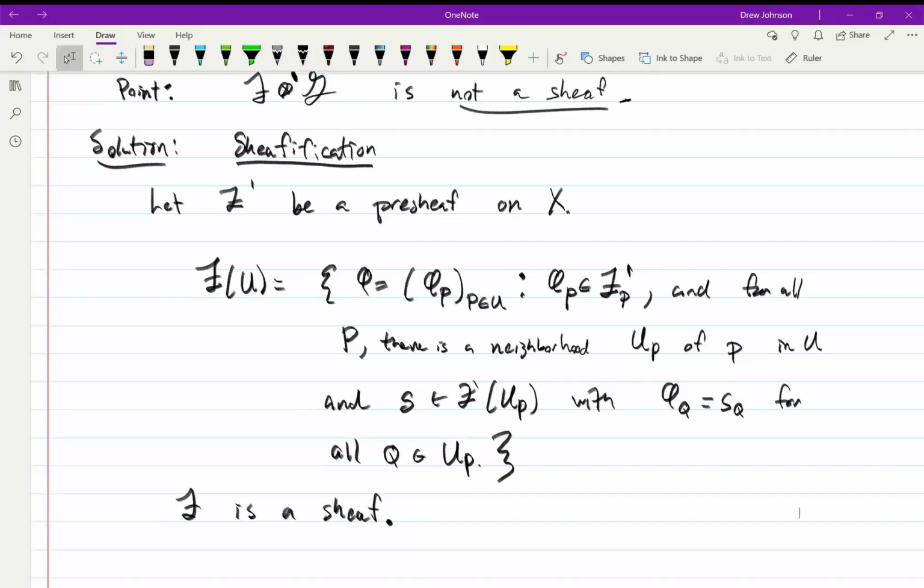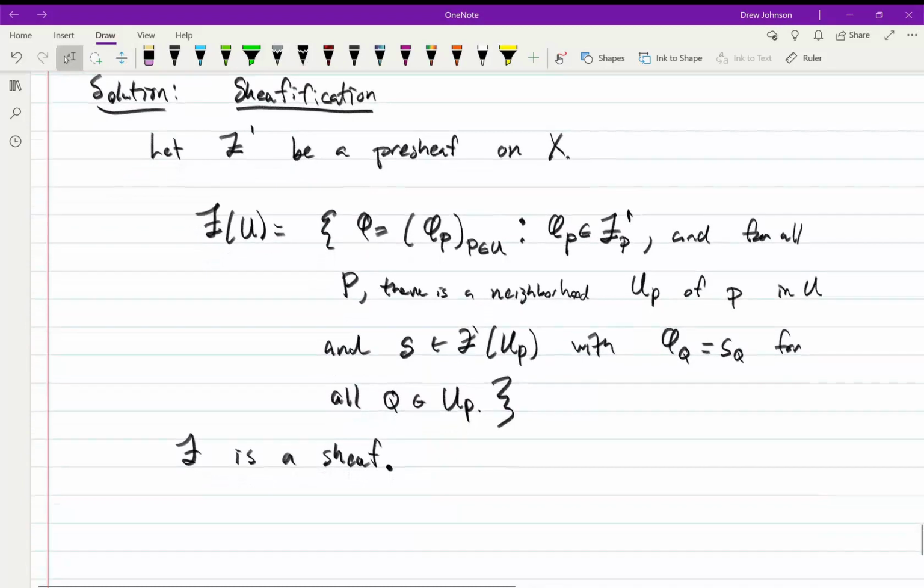And so as an example that we've already seen, let's say that X is an affine variety.